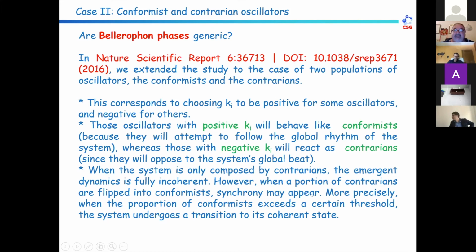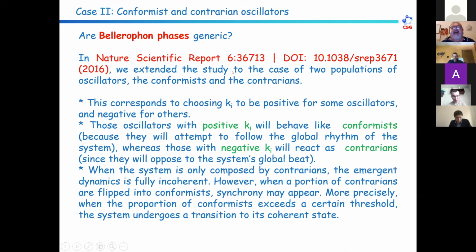So when the system is only composed of contrarians, it was shown by Strogatz and collaborators that the dynamics is fully incoherent. But then you can take a fraction of these contrarians and flip them to conformists. And depending on the number of conformists you have, at a given number, you can see synchronization. So if the proportion of conformists exceeds a certain threshold, then the system undergoes a transition to the coherent state.